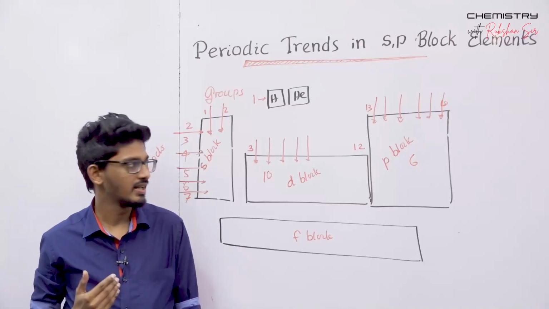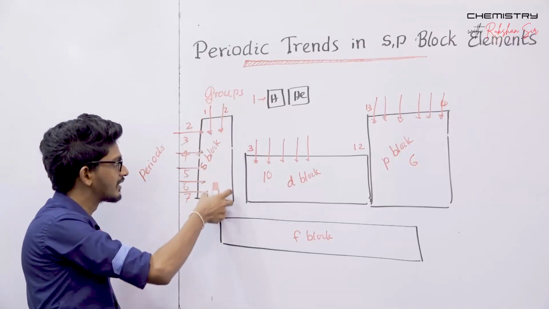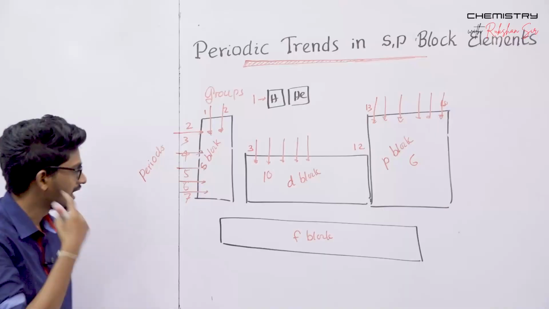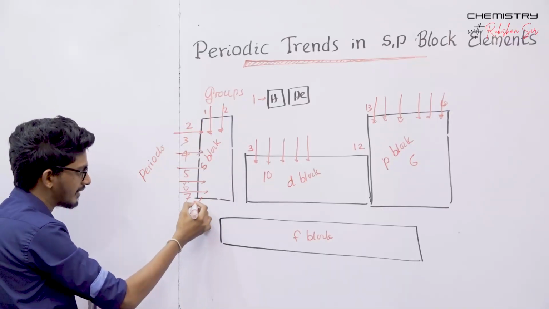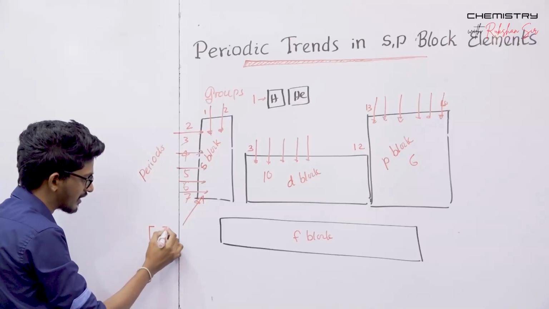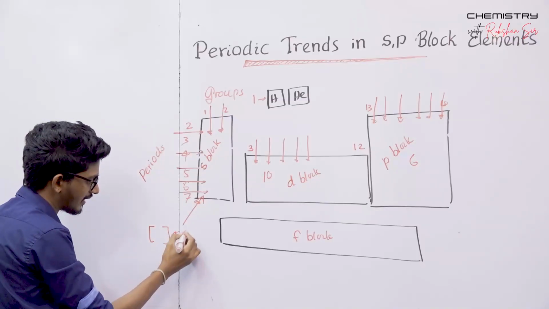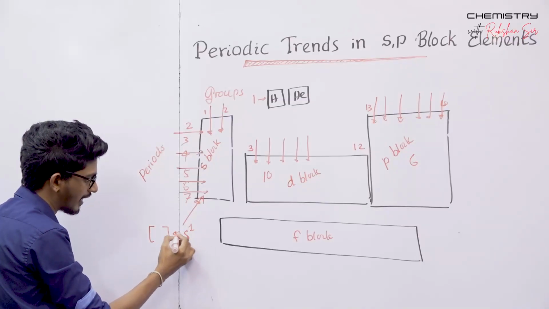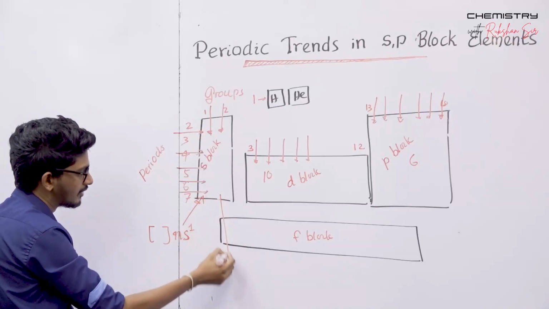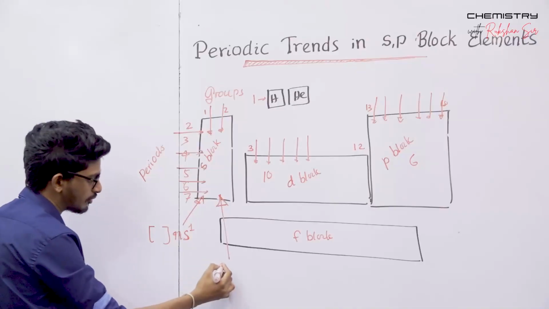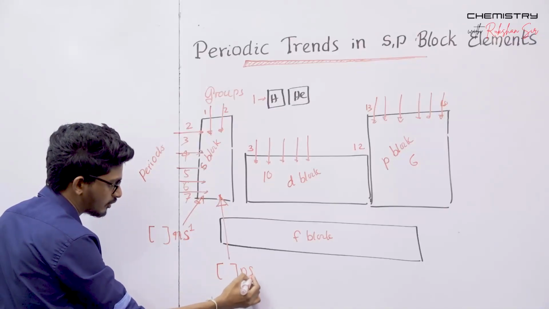When it comes to groups, their outer electronic configuration is the same. For the first group, the outer electronic configuration looks like this: ns1, always 1 electron in the s subshell. For the second group, the outer electronic configuration looks like ns2.